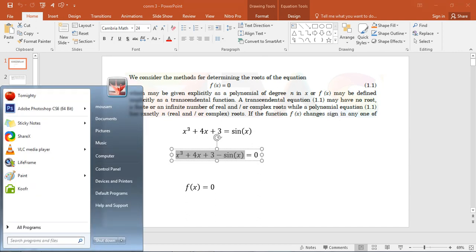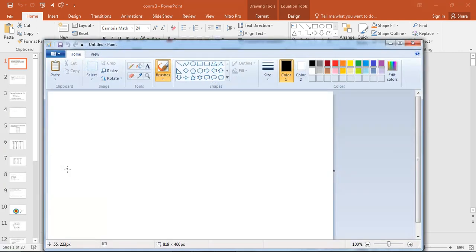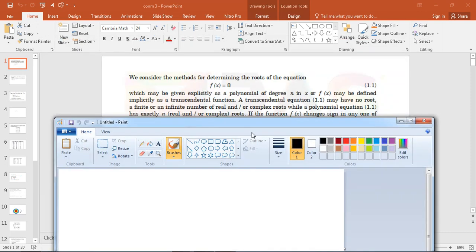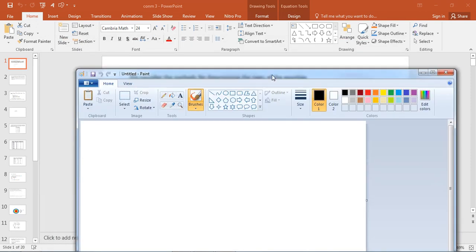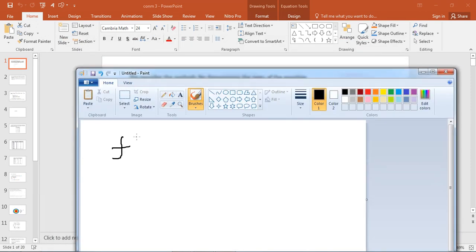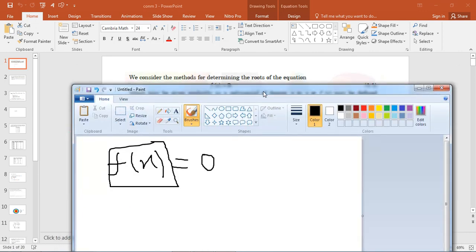So those values of x for which this entire parameter equals 0 are my roots.